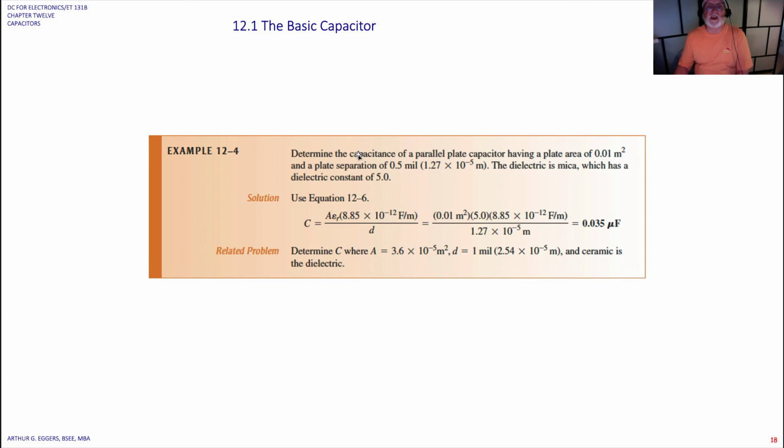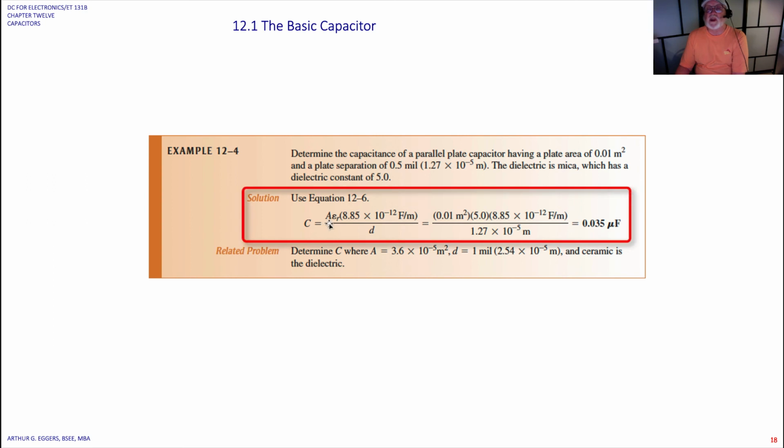If you look at an example, determine the capacitance of a parallel plate capacitor having a plate area of 1/100th of a square meter and a plate separation of half a mil, 1.27 times 10 to the minus 5 meters. The dielectric is mica in this case, which has a dielectric constant of 5. So now it's just a matter of putting the values into this relationship for solving for the capacitance.